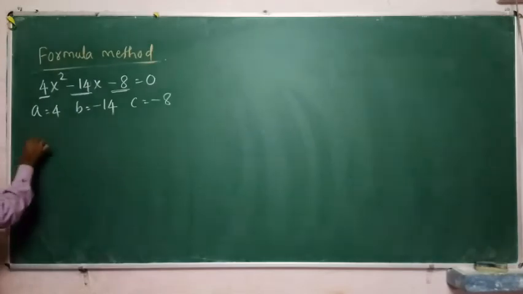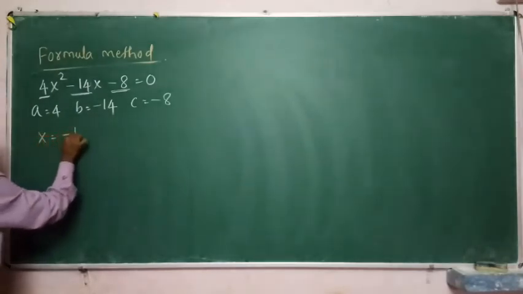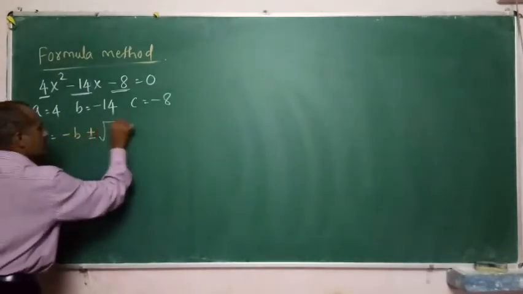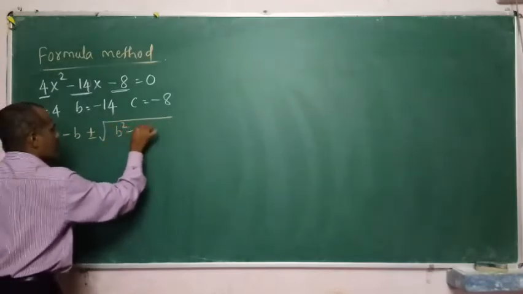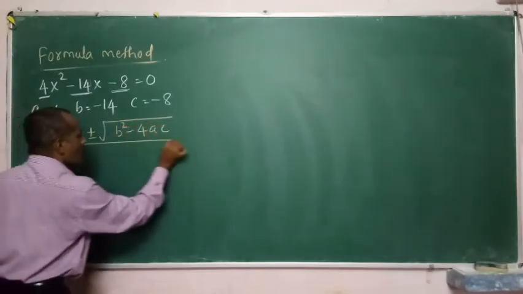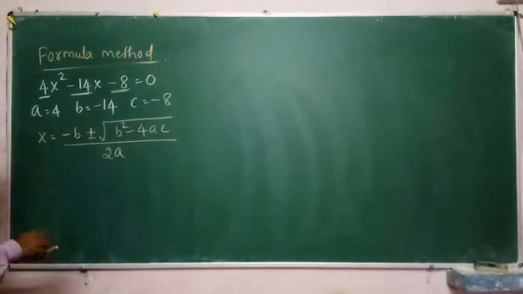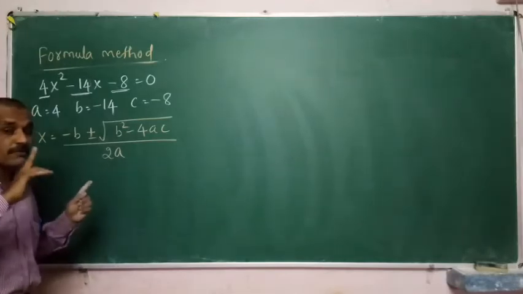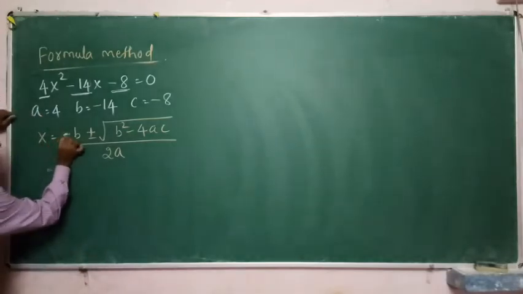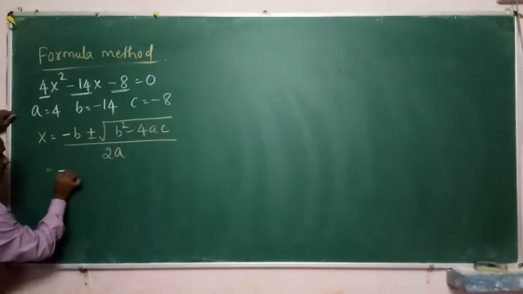Let me write the formula. X is equal to minus b plus or minus under root b square minus 4ac whole divided by 2a is the formula. Now see very carefully, don't write anything, listen to me. This minus I am writing here.